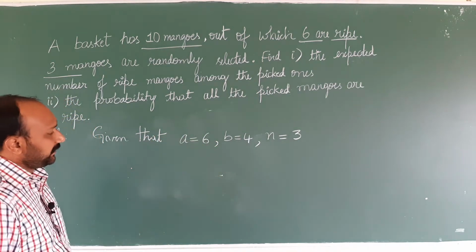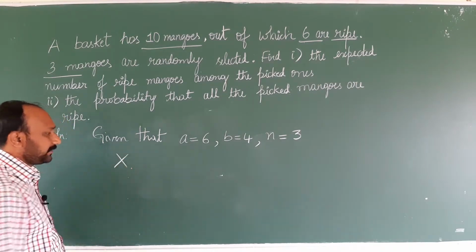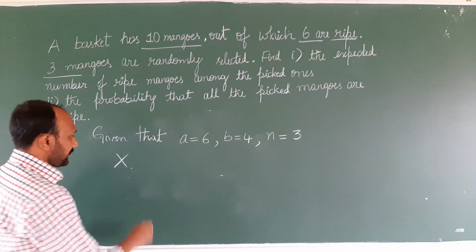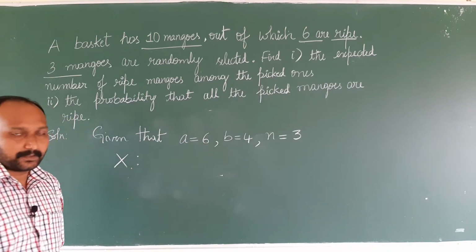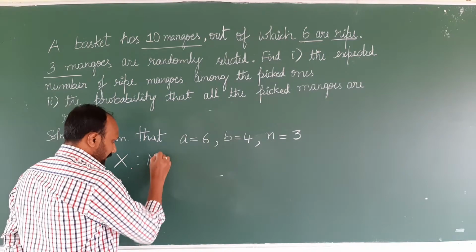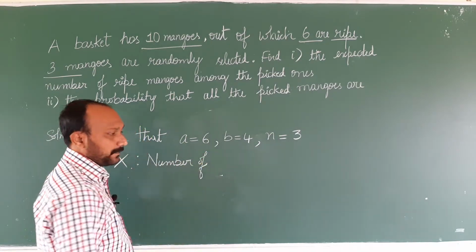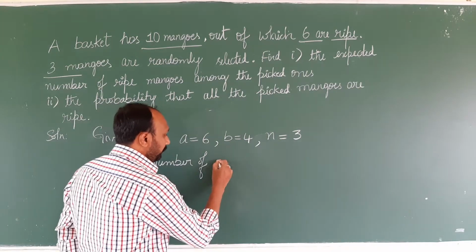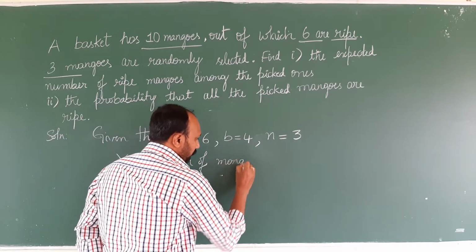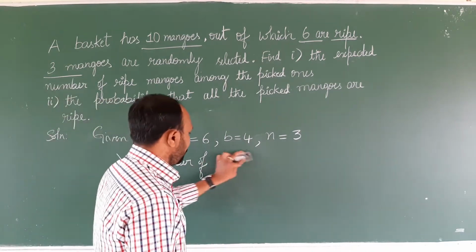Next, for this given data, let us consider a random variable X. What does X indicate here? X indicates the number of mangoes.